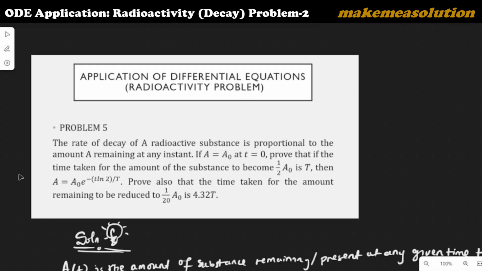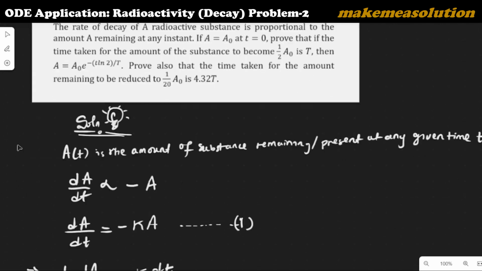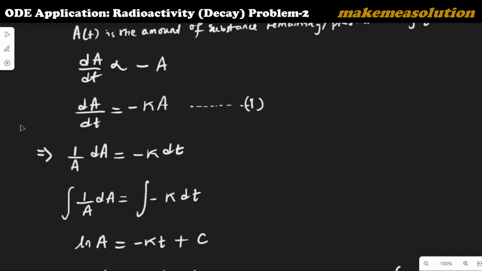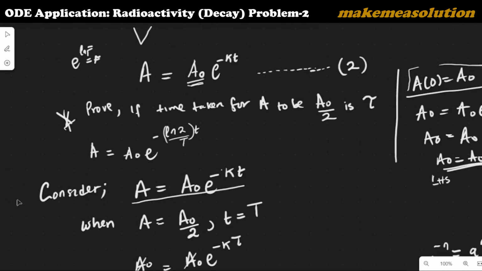Okay, the time taken for the amount to be reduced to 1 over 20 a naught is 4.32 t. I'm going to prove it together.